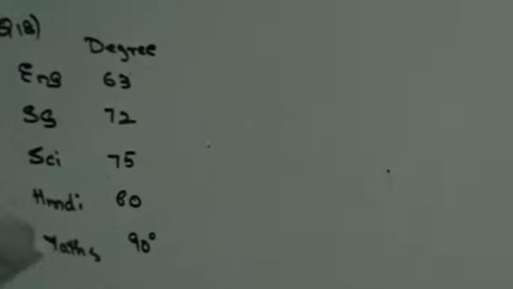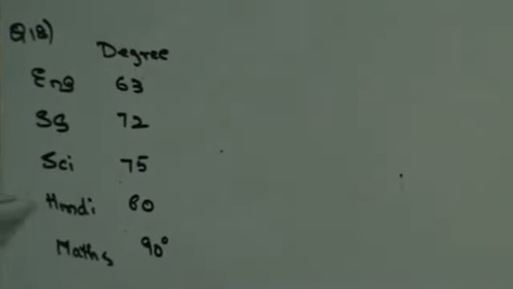They've also given that the pie chart shows the marks obtained by a student who scored 540 marks in all.